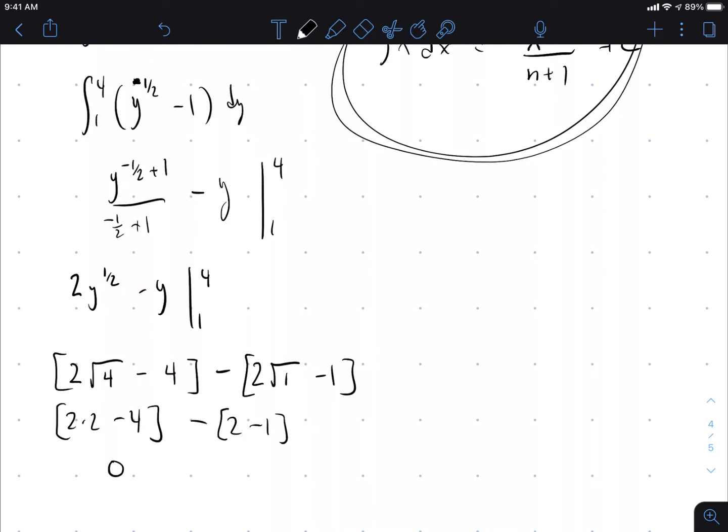So I'm going to get 0 minus 1, which will give me a negative 1. Cool? All right.